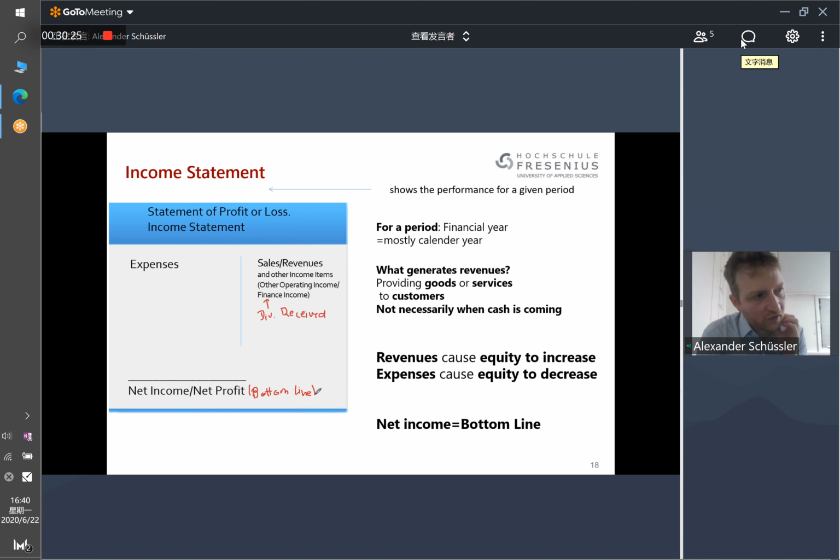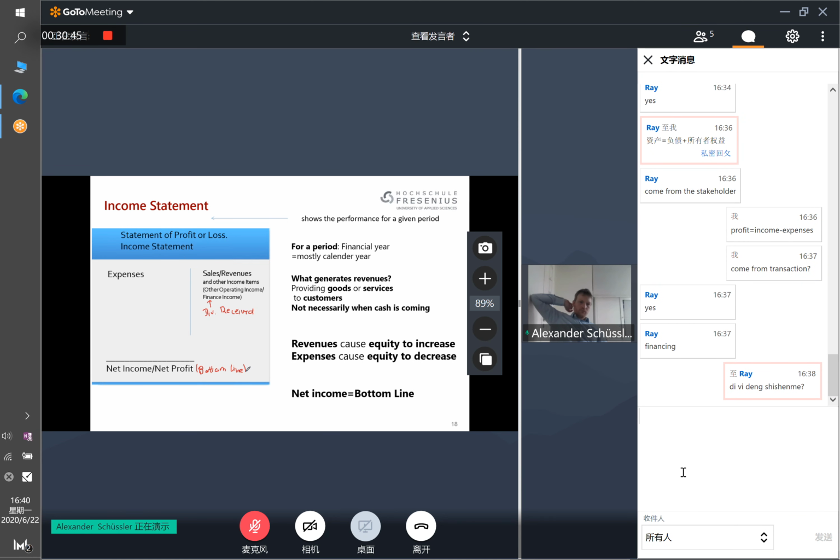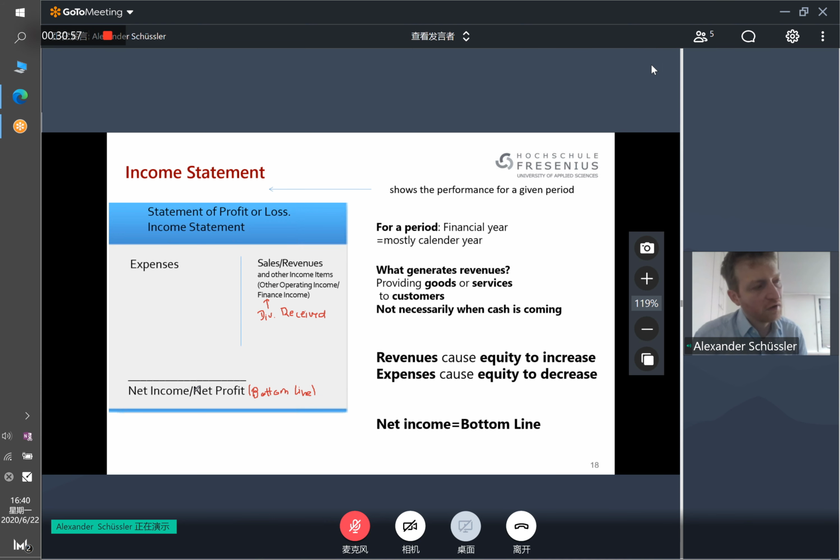Can expenses also exceed revenues? And what is it called when expenses exceed revenues? Then it's called a loss.